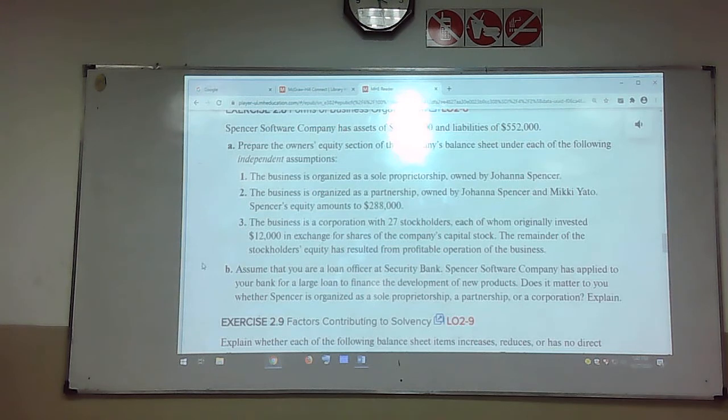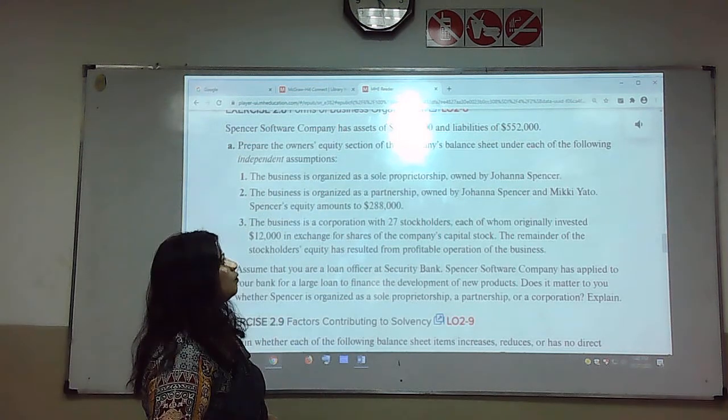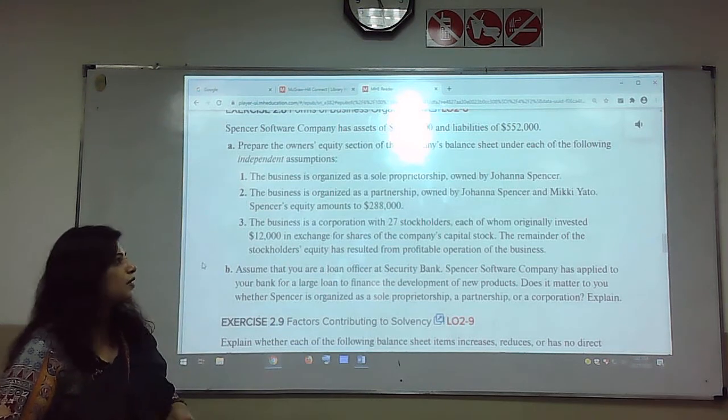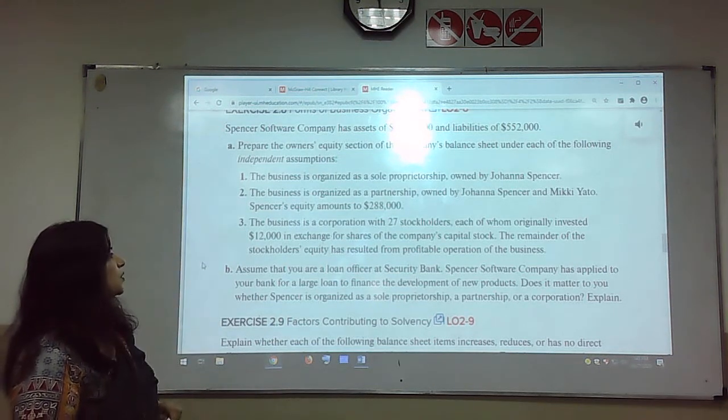The question is: Spencer Software Company has assets of $102,000 and liabilities of $552,000. Prepare the owner's equity section of the company's balance sheet.